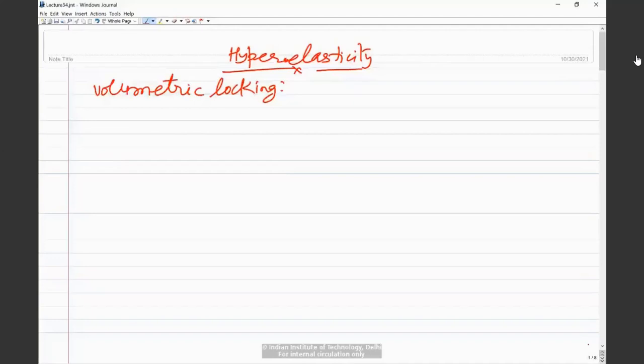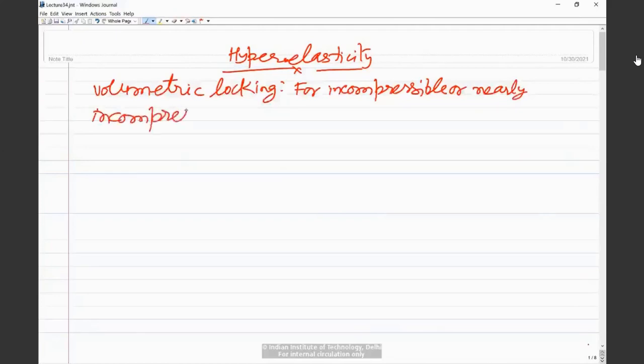What it states is that for incompressible or nearly incompressible materials, J, the determinant of the deformation gradient, will be nearly 1.